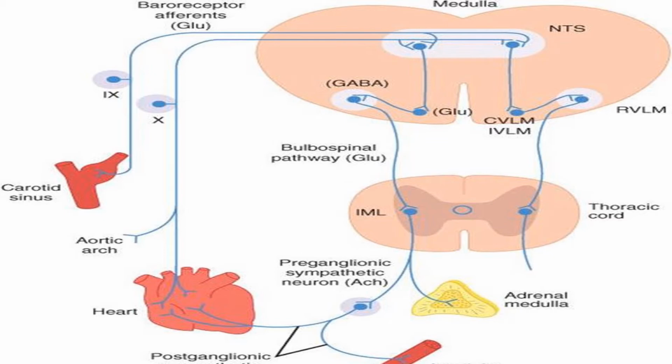Their afferent fibers pass via the glossopharyngeal and vagus nerves to the medulla. These fibers mostly end in the nucleus tractus solitarius, NTS.